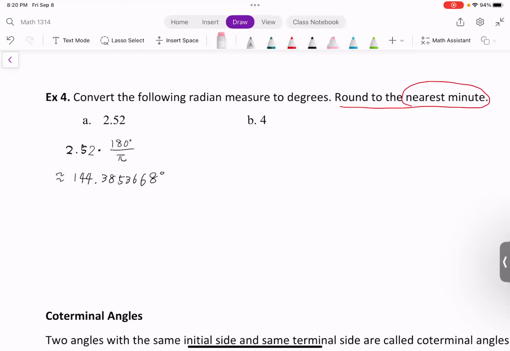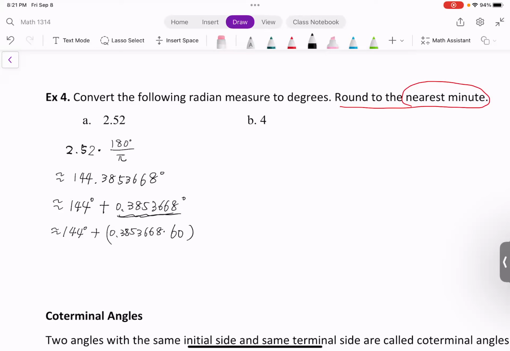Okay. So this one, I can separate 144 degrees and 0.3853668 degrees. I can convert the decimals to the minutes. How to do that? That's 144 degrees plus, use this decimal, multiply by 60, 0.3853668 multiplied by 60.